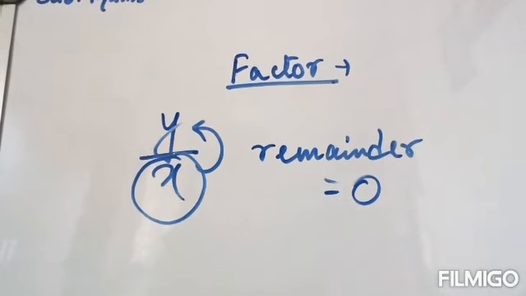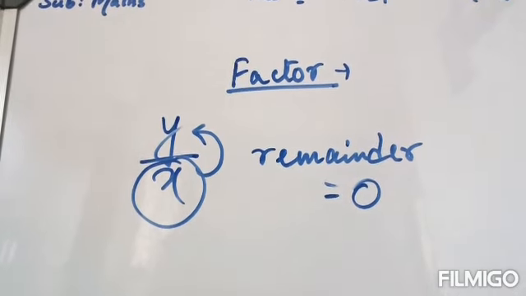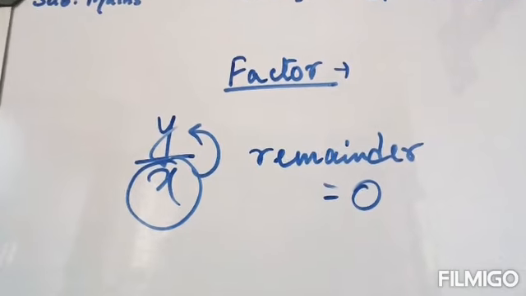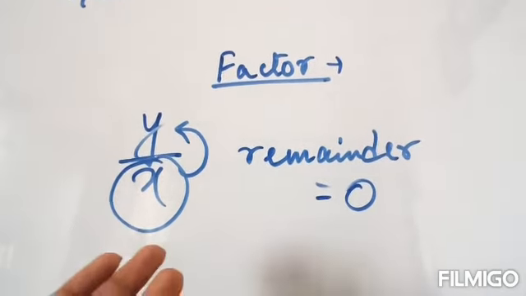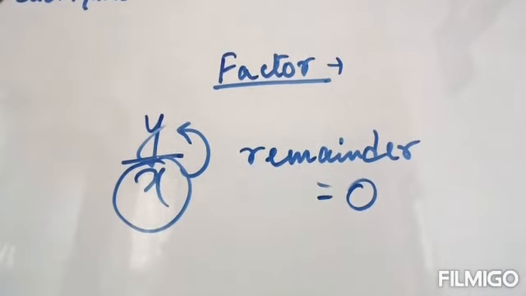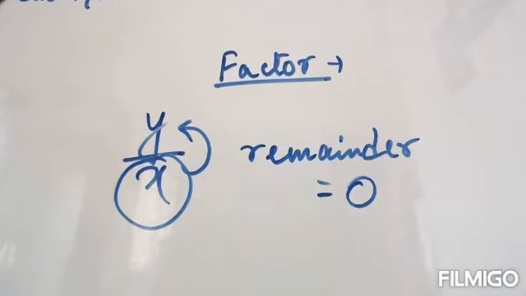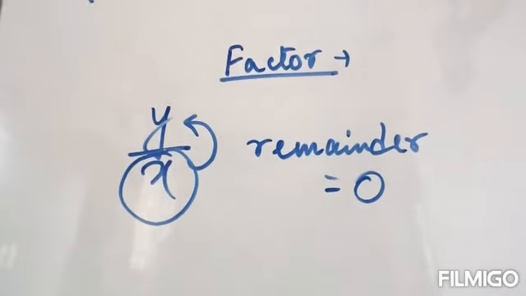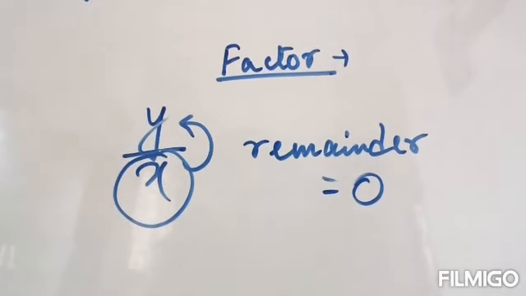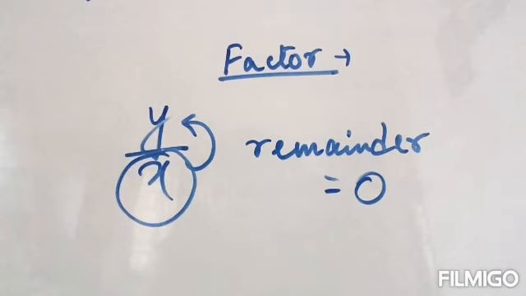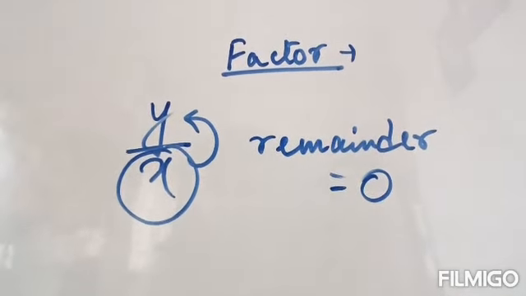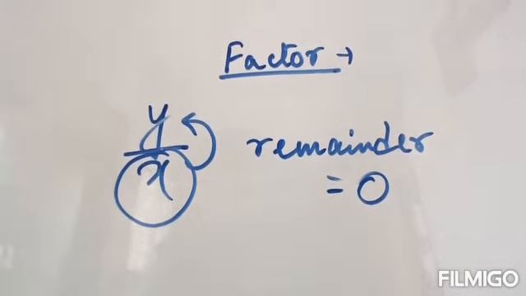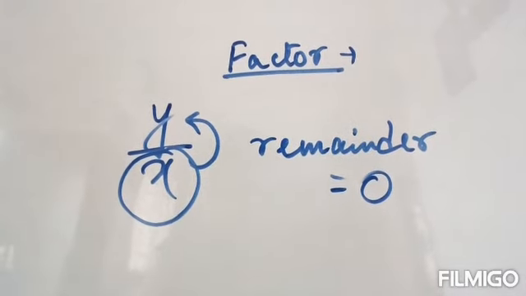Now applying this knowledge, we will try and find out factors of a polynomial. This same idea we will be using: if I give you a polynomial and the remainder comes as 0, then the polynomial which divides the other polynomial is known as a factor.